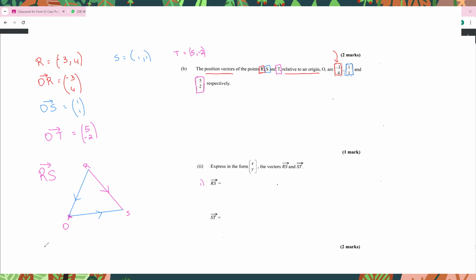Right? So we're going to move from R, which is my starting point, right? Because remember, I'm starting at R. So I'm going to move from R to O. And then in mathematics, we add on the other part from O to S. Right, so you look it up on Waze.